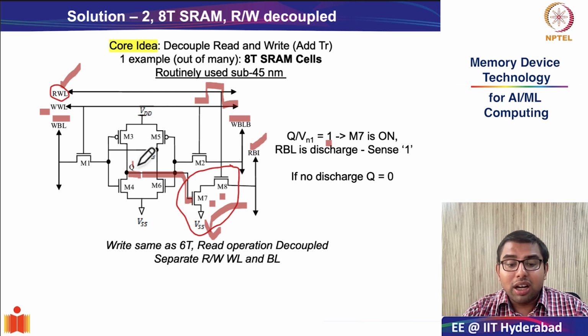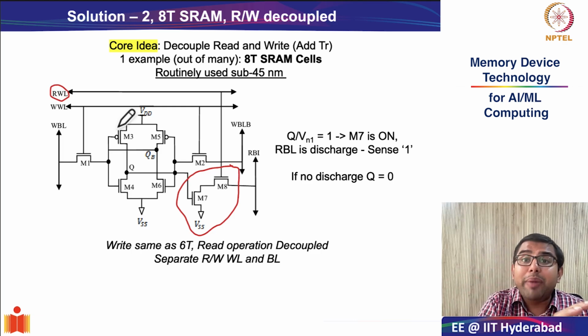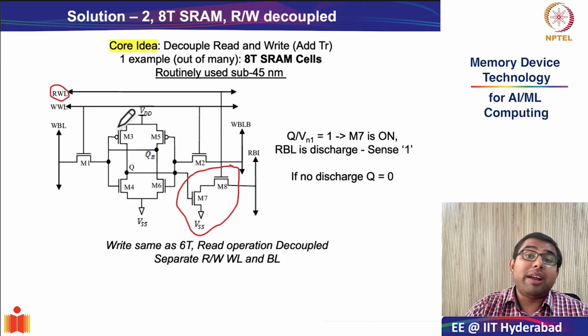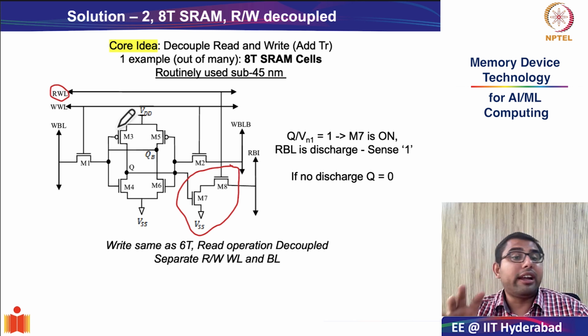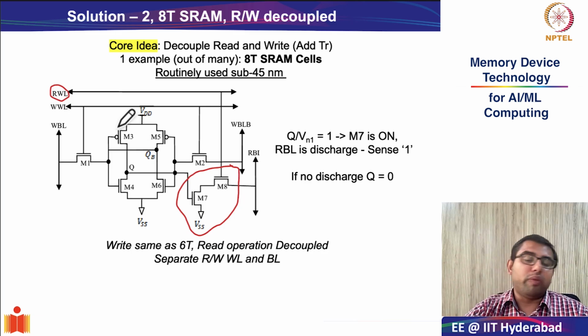In this entire diagram of the 8T SRAM cell, the write operation is identical to that of the 6T SRAM cell, and only the read operation has been separated out. Why has that been done? Why has it not been the opposite? Why didn't you decouple write separately, keep the read circuitry the same, and make a new circuitry for write? So think very carefully. There is a very important lesson to be learnt over here.